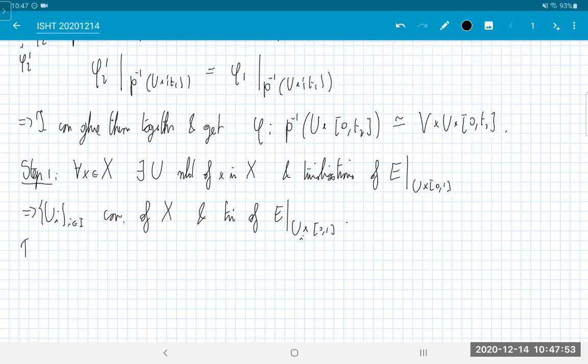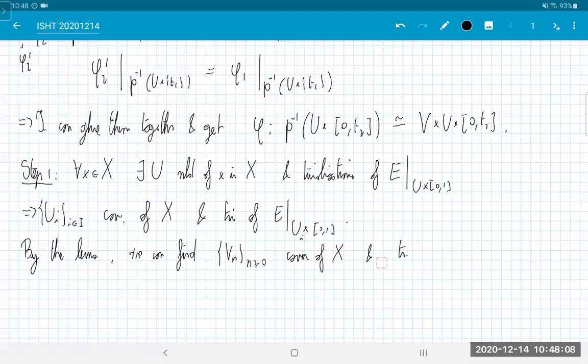But then by the lemma, we can find V_n, a countable cover of X, and a trivialization over V_n times [0, 1].